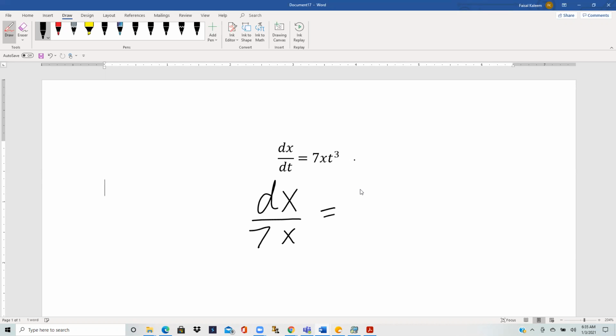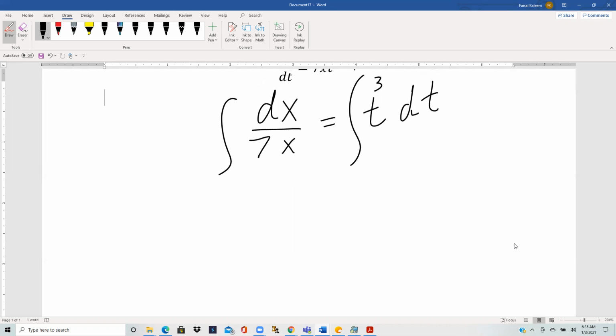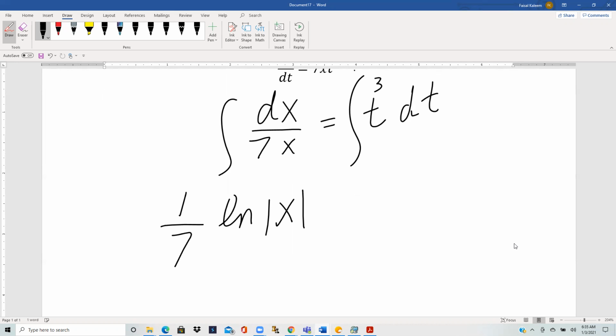And then I collect all the t terms on the other side. So t cube is already there, and then I have a dt. And then the next step is to integrate both sides. And you know, the integral of 1 over 7x is 1 over 7 ln absolute x.